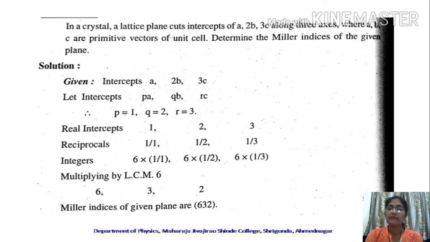If we make the division, then you will get 6, then 2 threes are 6, 3 twos are 6, that is 6, 3, 2 will be the Miller index of a given plane. Don't mention any comma while mentioning the final answer in a bracket. Otherwise, it will be wrong.